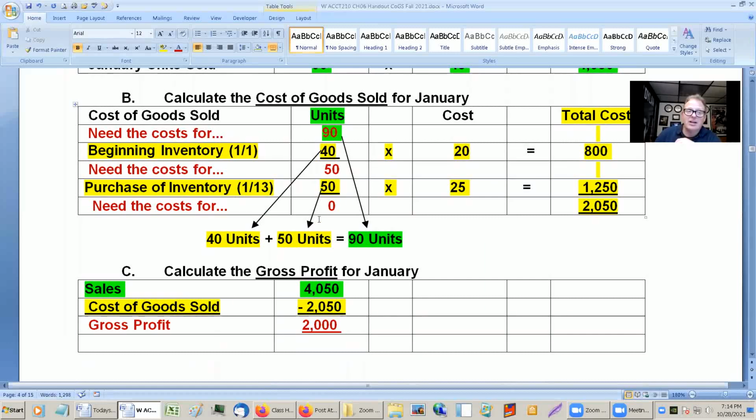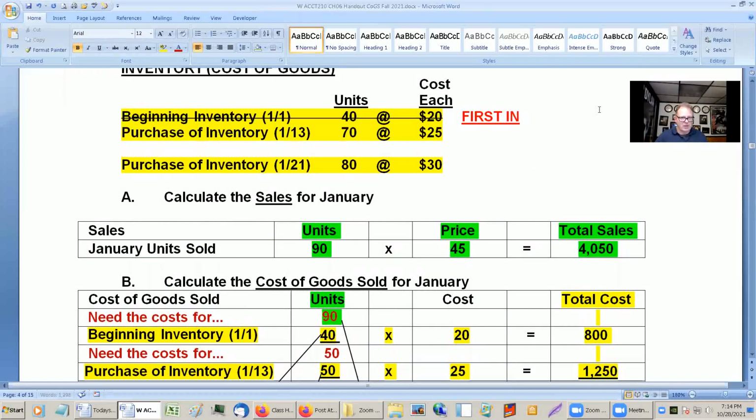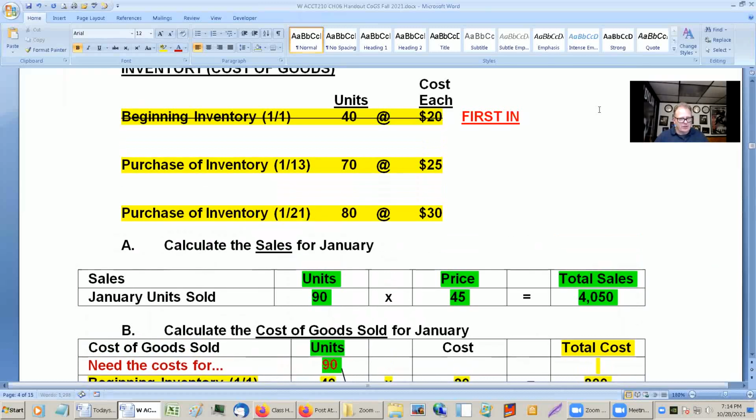Okay, now we have another headache though, and that is up here. Oh, here, let's do this. So we sold 40 units from this layer.